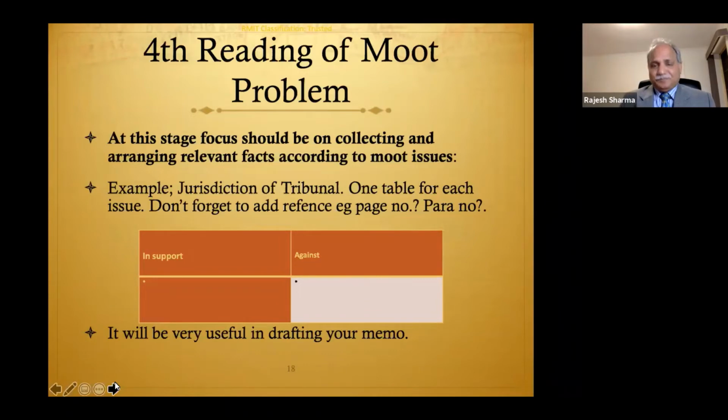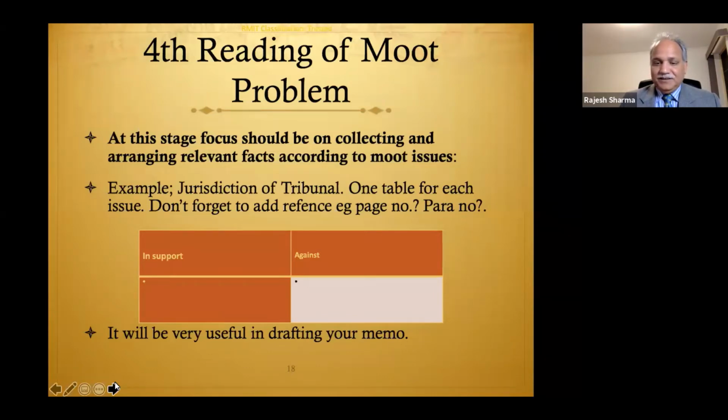Now, I say that the fourth time you should read the moot problem. When you are reading the fourth time, the idea is that this time you focus and collect all those facts which are related to the issues given in your moot problem. For example, this year there's a dispute on jurisdiction.